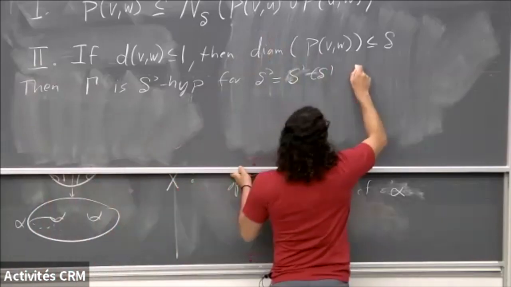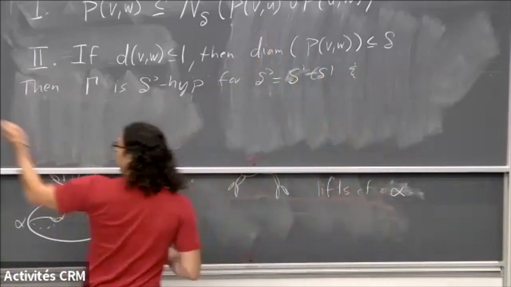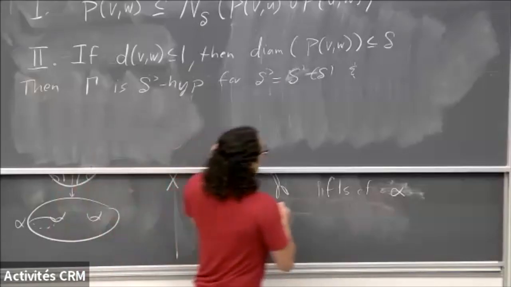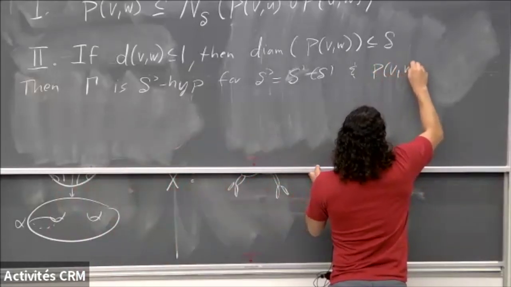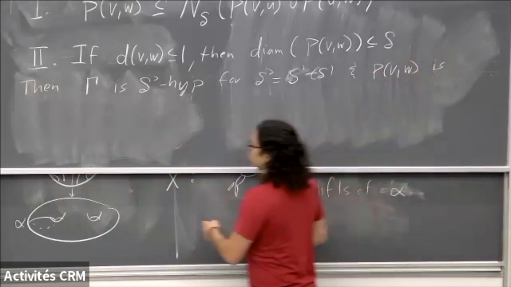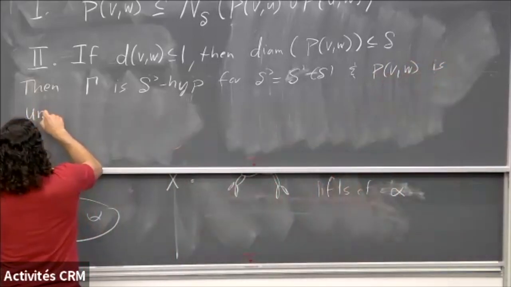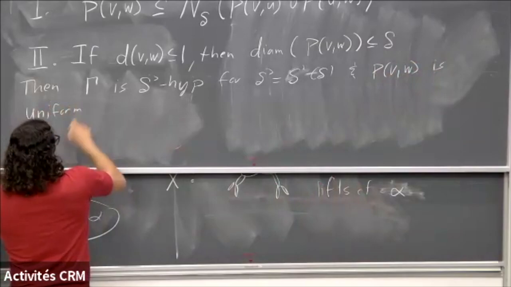And not only is that true, these paths you guessed with are actually close to geodesics, and P_VW is uniformly close to any geodesic between V and W.